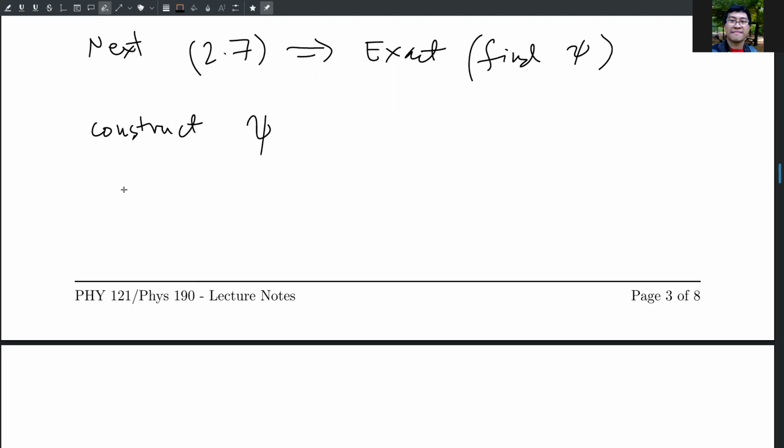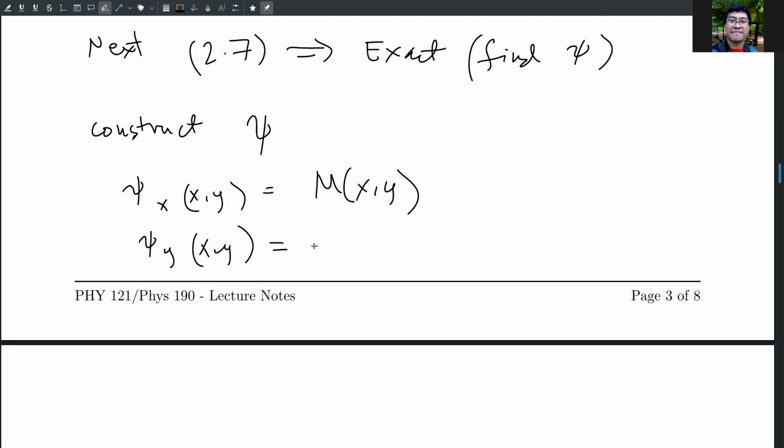Suppose we know that psi_x is equal to m(x,y), and psi_y is equal to n(x,y).